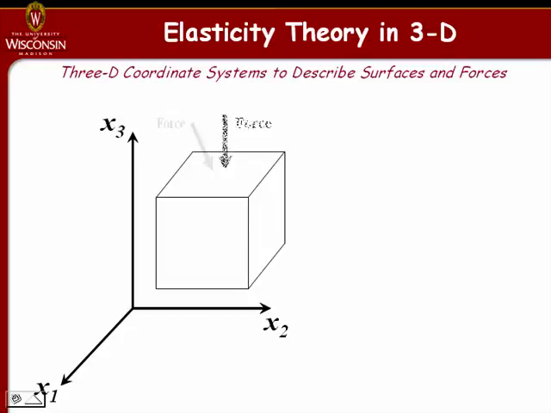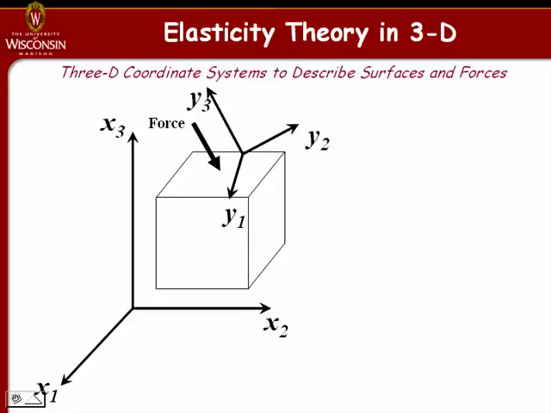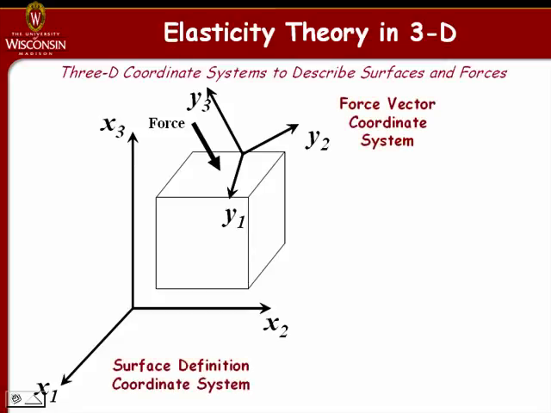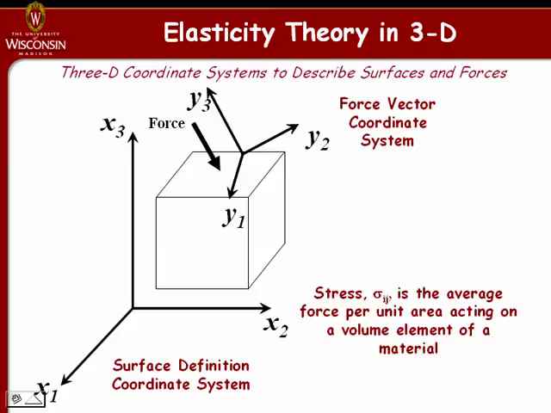A more general case is for a force to come in at some odd angle. And with that, we use a second coordinate system to describe the orientation of the forces on the surfaces. So, we're using 2 coordinate systems, one to define the surfaces, another to define the forces. And if we shrink all this down into little tiny surfaces, then we can define stress, which is the average force per unit area acting on a volume element of the material.